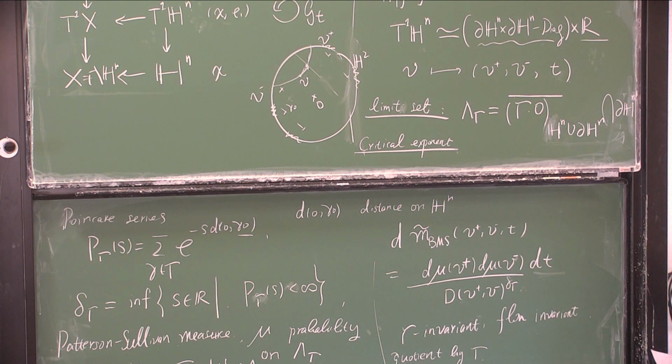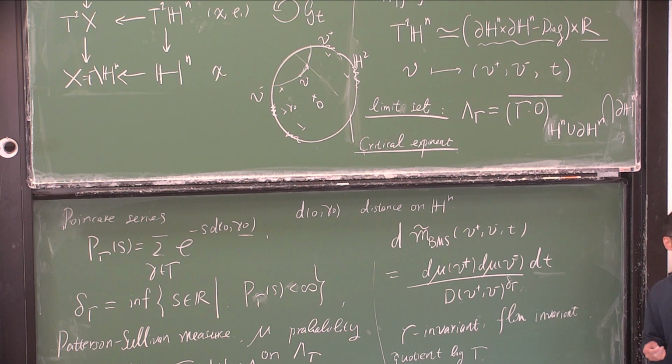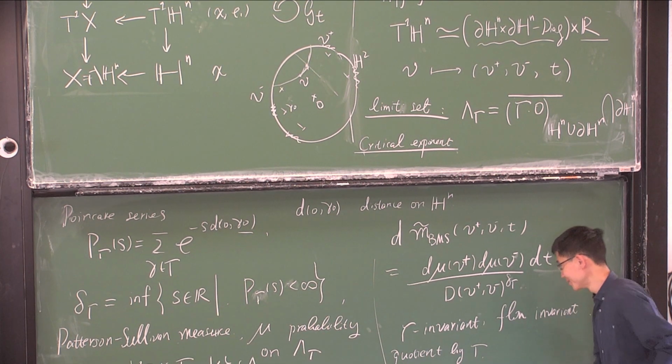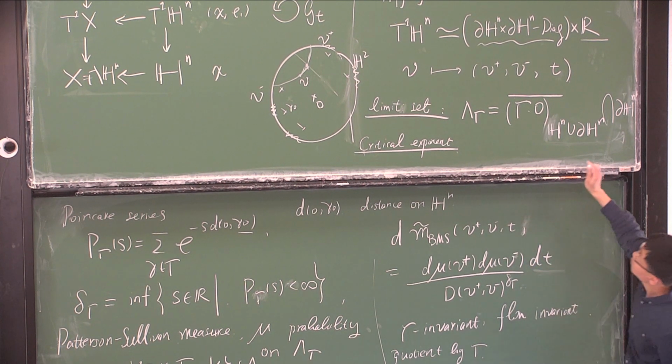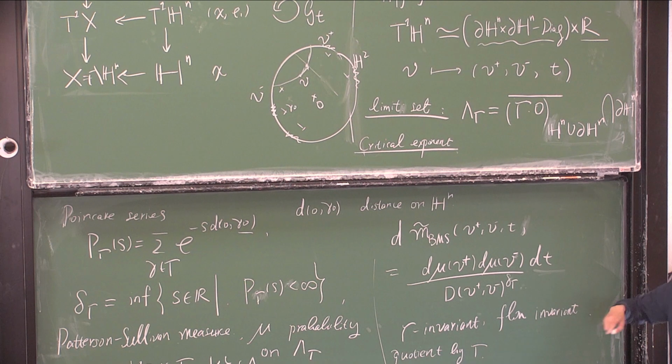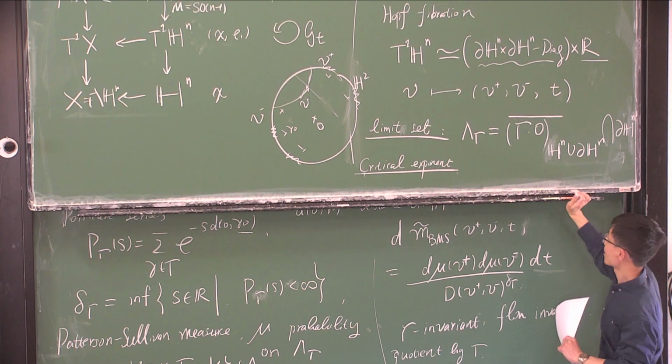With the flow direction. So here it's only on the unit tangent bundle, but what we want is on the frame flow. So I will just change this here, because in fact, the Hopf fibration also works for the frame flow case. You just need to add the M part.